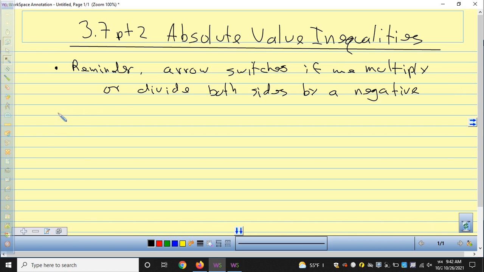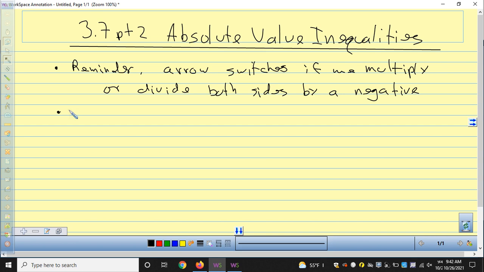And with inequalities, if we remember when we solved an inequality, we had two possibilities for our answers. We got an and inequality: negative 2 is less than x, and x is less than 5. And the graph was always between two numbers. Or we got an or inequality: x is less than negative 5 or x is greater than 10.